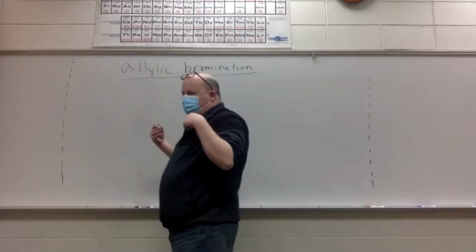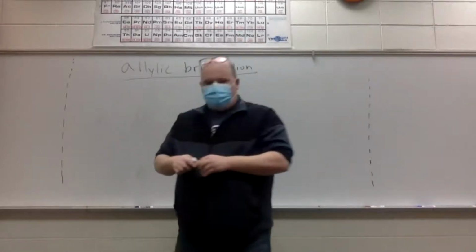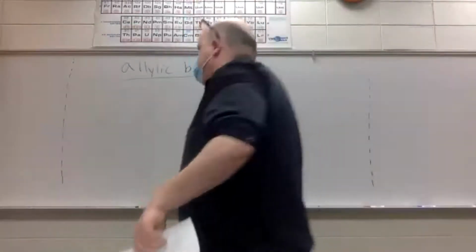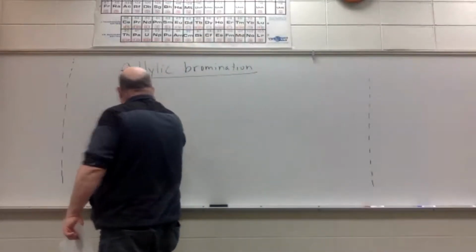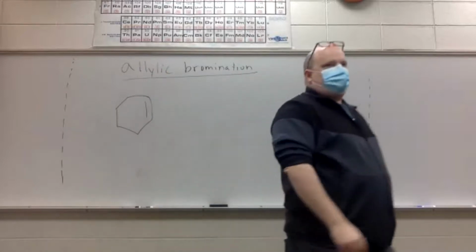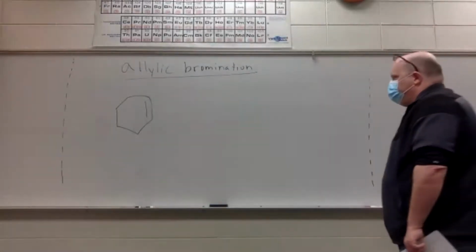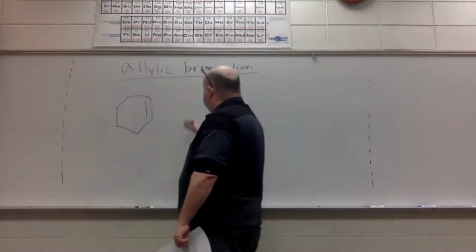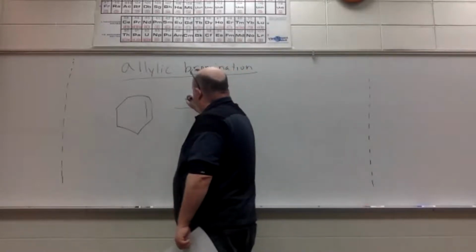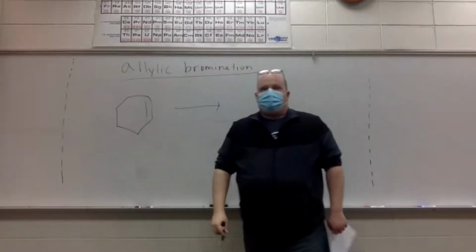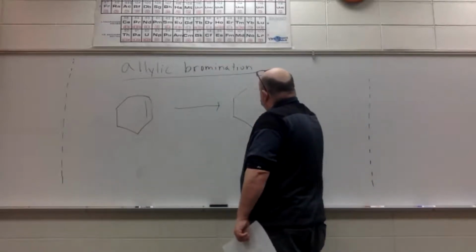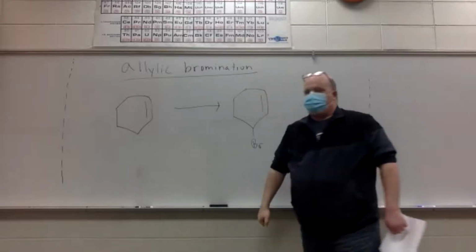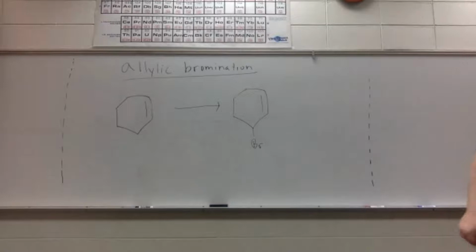However, it's not quite as simple as you might think. Let's say you had this. This is cyclohexene. And let's say we wanted to do an allylic bromination. That means we want to put a Br right there.